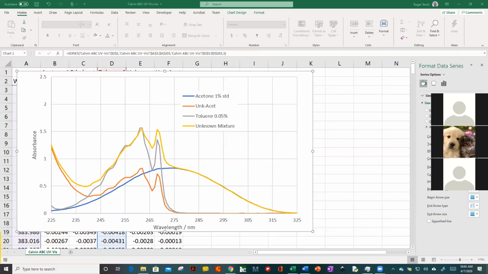Let me make this clear. The concentration of toluene in the mixture is less than the concentration of toluene in the standard.